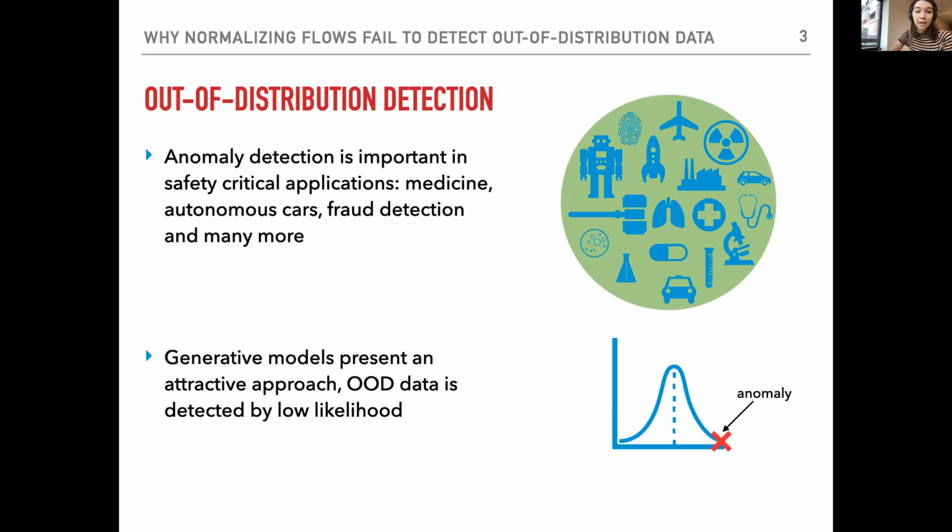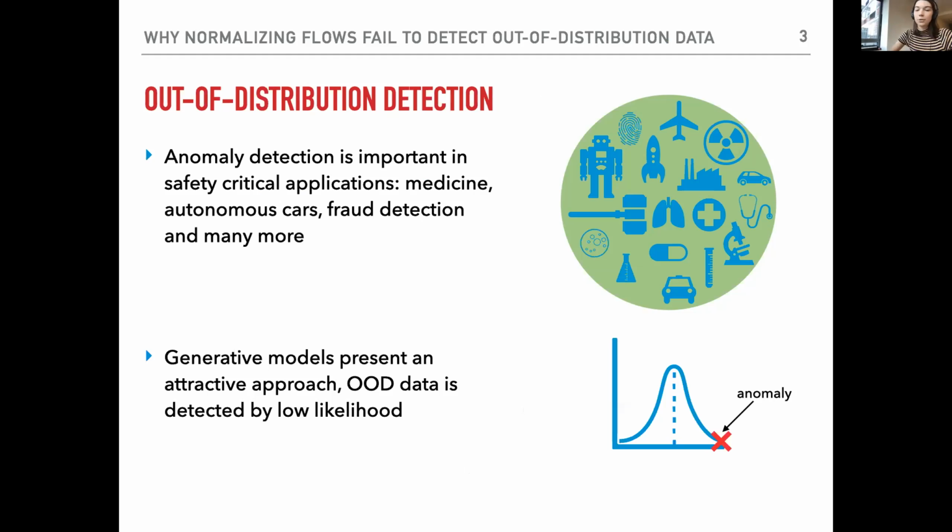In many safety critical applications, such as medical, financial, or autonomous driving, it is very important to detect anomalous data on which the model cannot make reliable predictions. One possible approach for doing that is to use a likelihood-based generative model, which approximates the target data distribution.